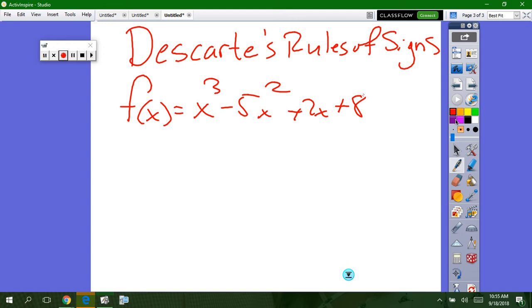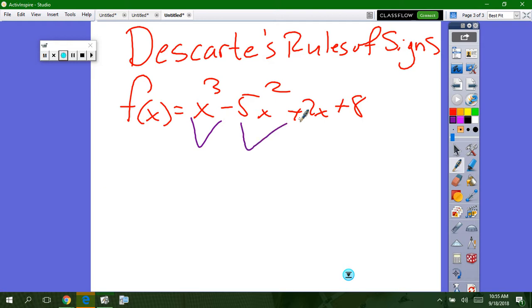We look at our original function. We say, how many times does my sign change? What I mean is, when I go from left to right, meaning from the highest power to its lowest power, how many times does my coefficient value change from a positive to negative or negative to a positive? There's a sign change. Anywhere else?